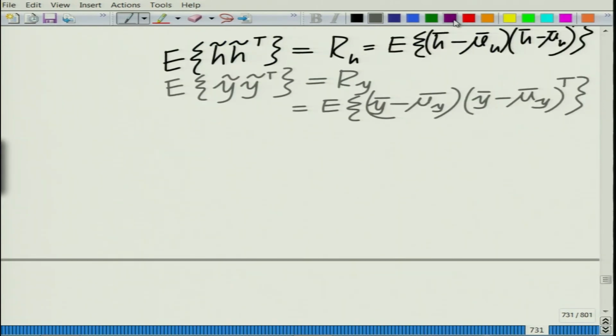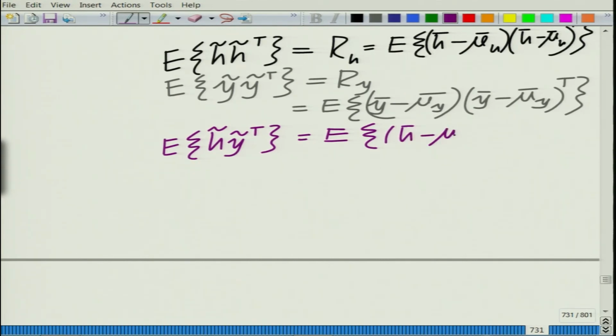And similarly, you have your R_hy, that will become expected value of h tilde y tilde transpose, equals expected value of (h bar minus mu bar h) into (y bar minus mu bar y) transpose. This is equal to your R_hy.